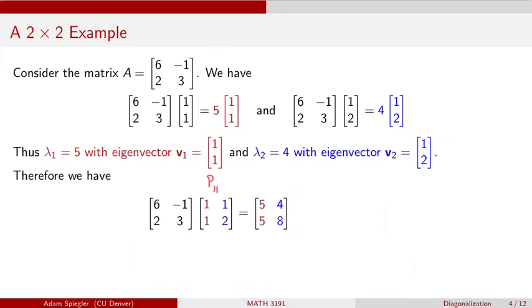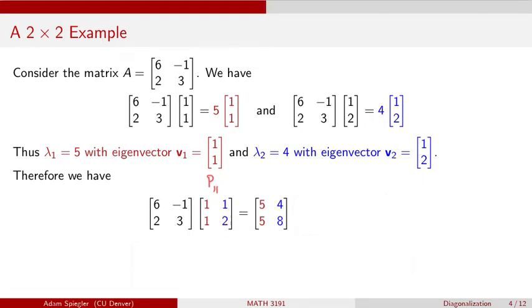You can see the first column is eigenvector 1, 1, and the second column is eigenvector 1, 2. And when I multiply the matrix A, 6, 2, minus 1, 3, times this matrix P, notice that because 1, 1 is an eigenvector, taking this matrix times this first column 1, 1 gives me 5, 5.